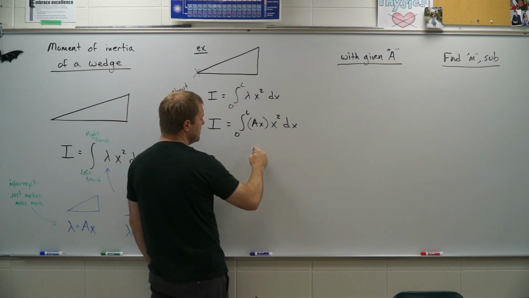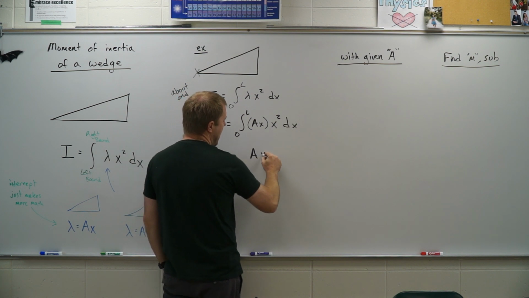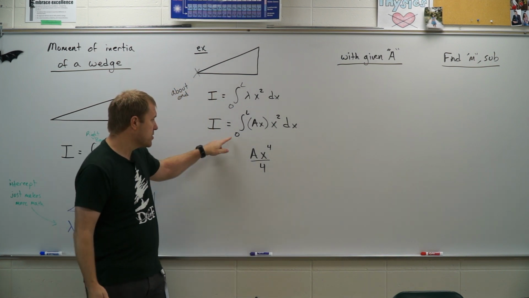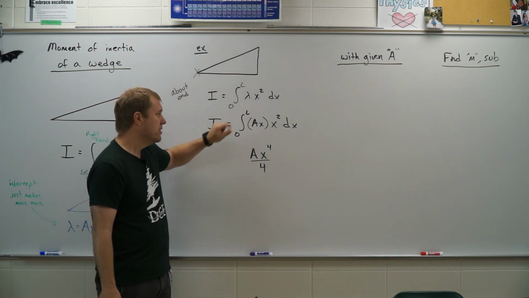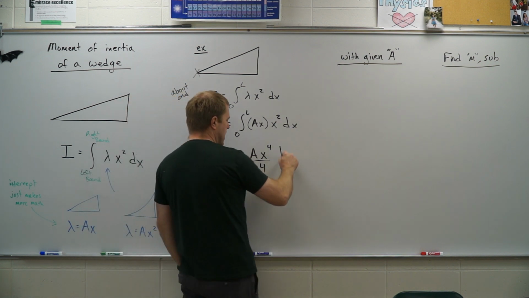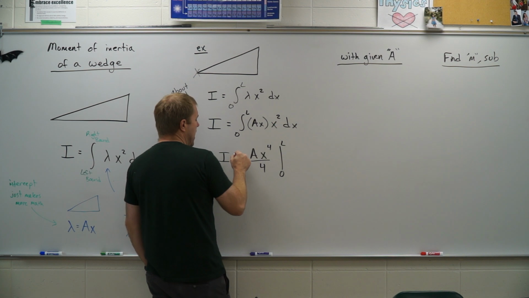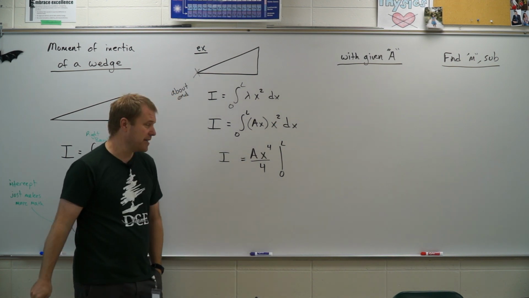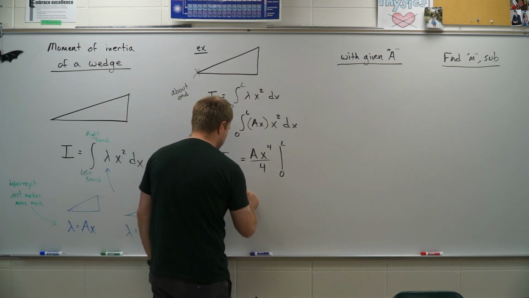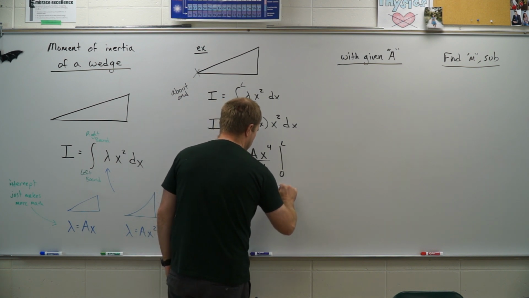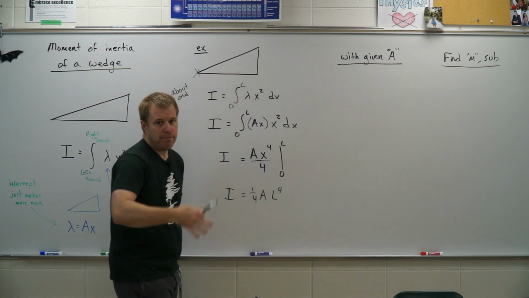If I integrate this, I'm going to have ax to the fourth divided by 4, plus any c, but because we're doing a definite integral, we just have our 0 to L here for our moment of inertia. And as you can see, that's going to work out pretty quick: I is going to be 1/4 a L to the fourth minus 0.